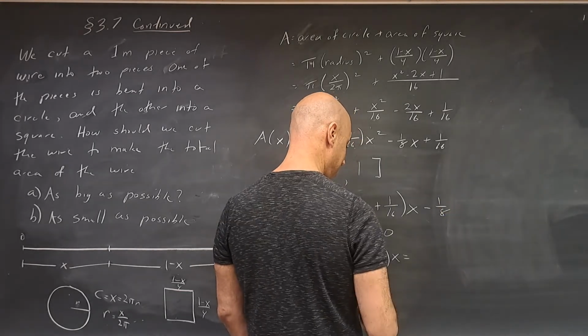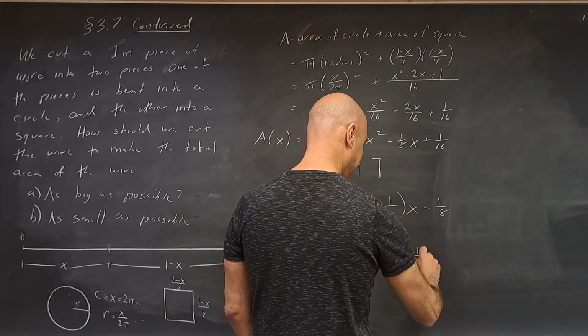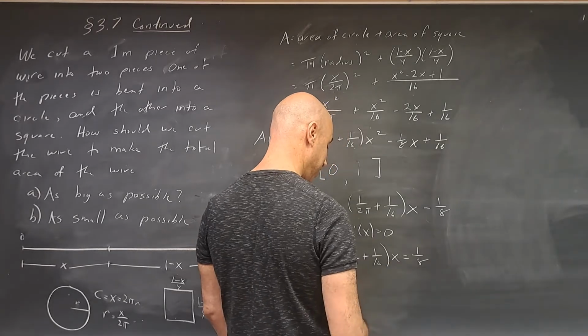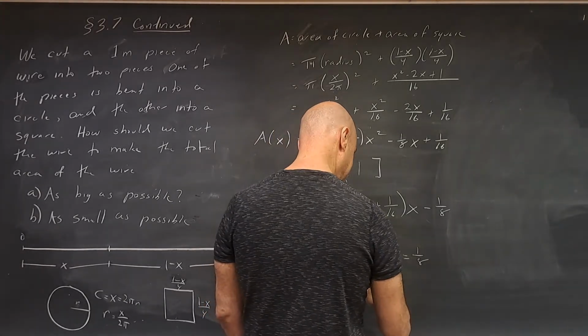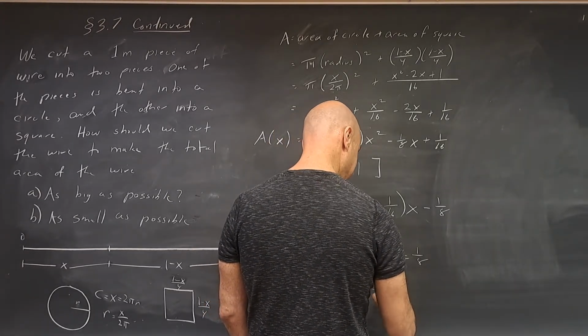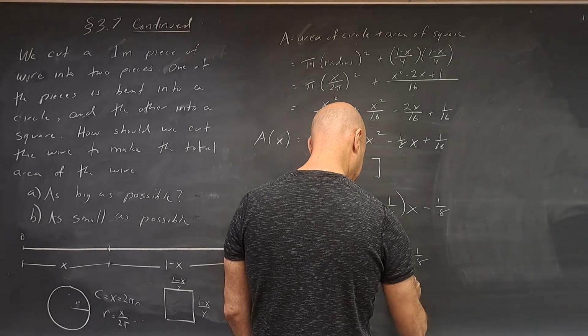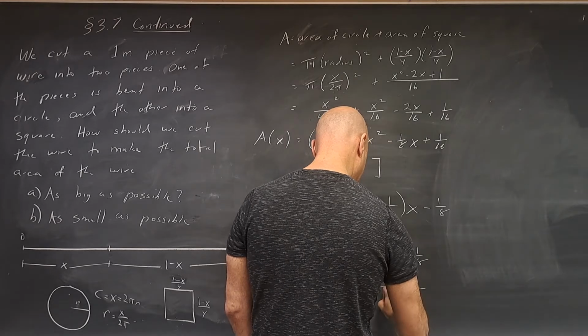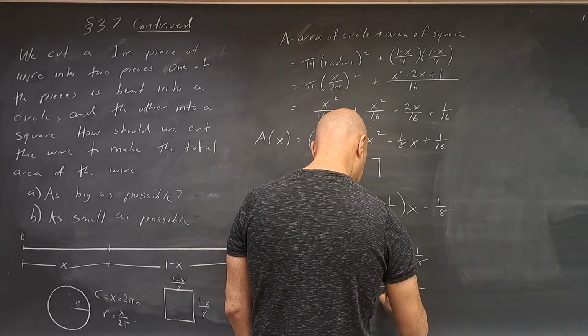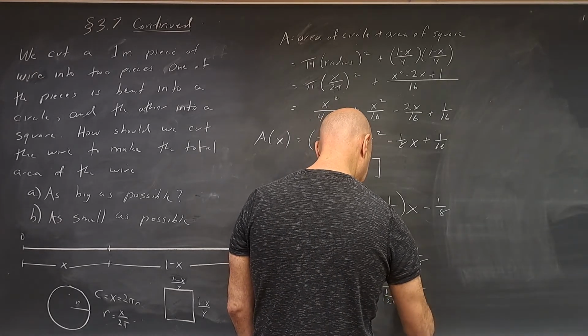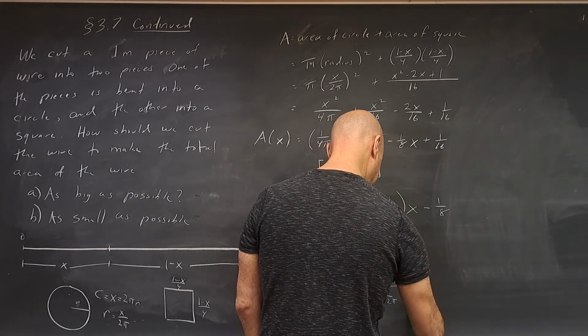If I bring this onto the other side, this equals positive 1/8, and I can divide both sides by all that nonsense. And so we end up with x equal to 1/8 divided by 1 over 2 pi plus 1/16.